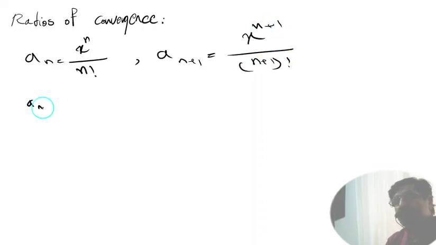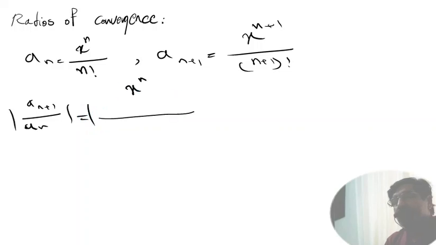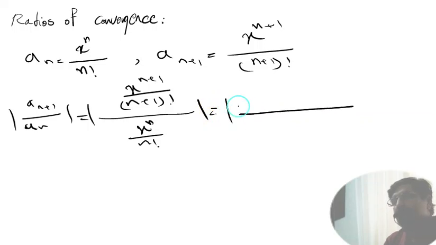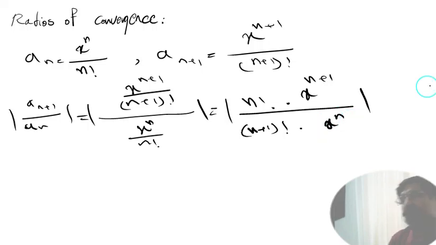So the absolute value of the ratio a_(n+1) over a_n is x to the power of n plus 1 over (n plus 1) factorial, divided by x to the power of n over n factorial. We have n factorial times x to the power of n plus 1 over (n plus 1) factorial times x to the power of n.